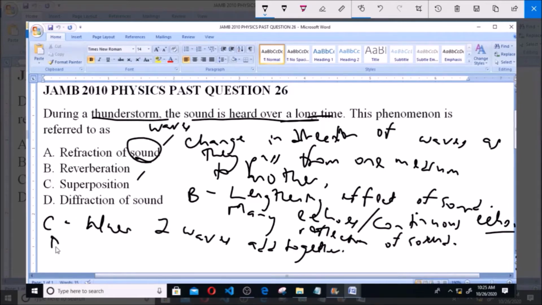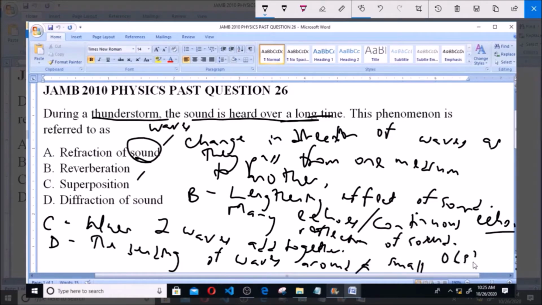And then lastly, option D, which is diffraction of sound, refers to the bending of waves around small obstacles, and spreading of waves beyond small openings. Okay, so that is diffraction.